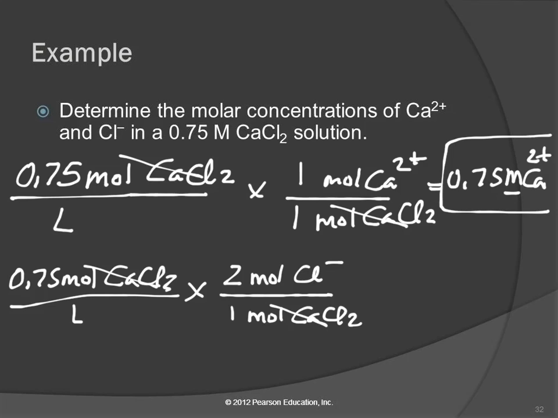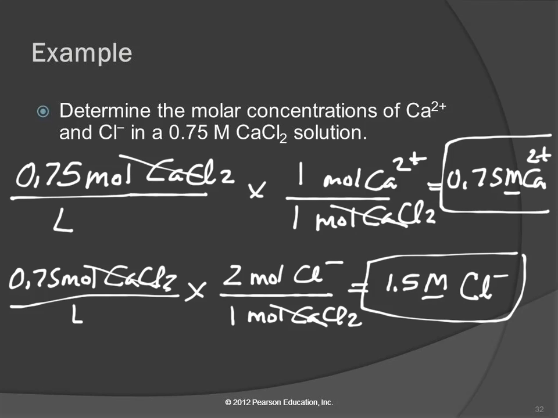Where did that number come from? The subscript in the formula. We don't have to look up anything. We're just looking at the formula here. There's 1 calcium and 2 chlorines. So there's 2 chlorines in each 1 mole of this, 2 moles of chlorine. And so the concentration of chloride will be twice as much as the calcium. Most of the time we don't look at concentrations of ions, but occasionally. Any questions?